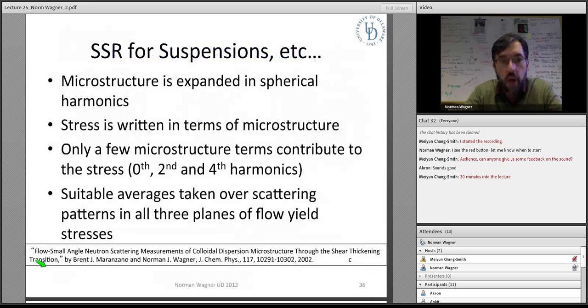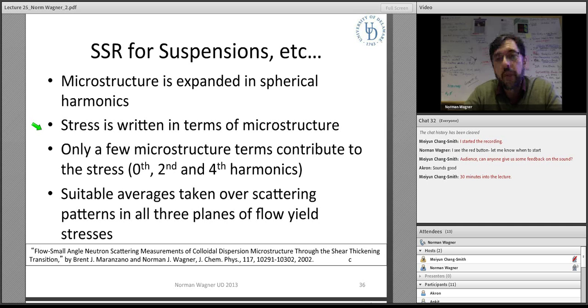What's important, though, is we can develop a stress-SANS rule for suspensions in much the same way we derive one for polymers. We expand the microstructure in these spherical harmonics. We write the stress in terms of the microstructure, substitute in the spherical harmonic expansion, and lo and behold, if you look at the math, which is shown down here in this paper, only a few terms survive in the stress expression.